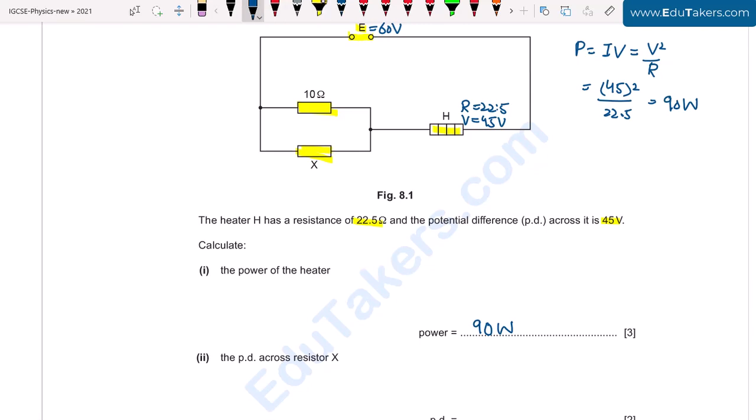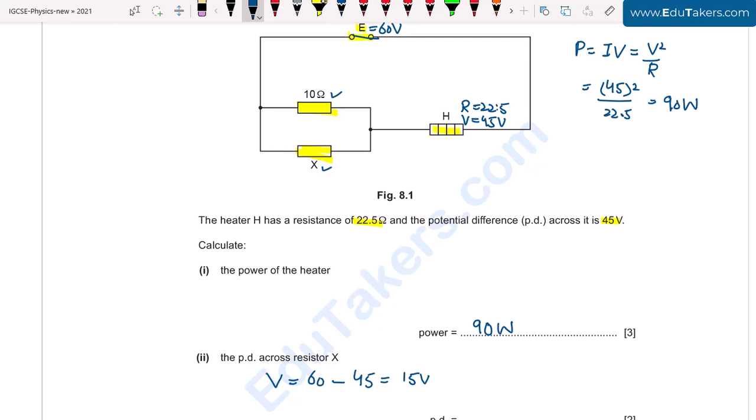So I write here the potential difference across X will be equal to 60, that is this one, E, and I have to subtract 45 from it. So it becomes 15 volt. Now this 15 volt is the potential difference across 10 ohm and X. And both of these are in parallel combination.